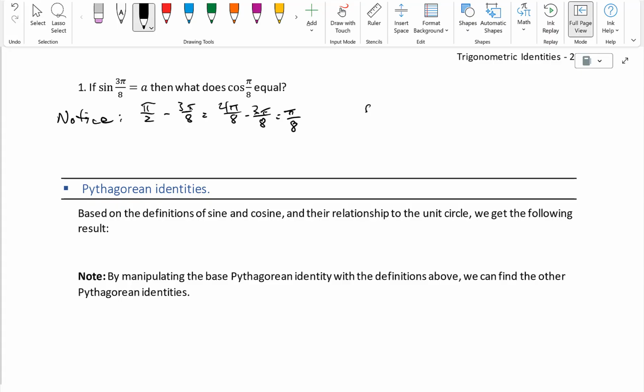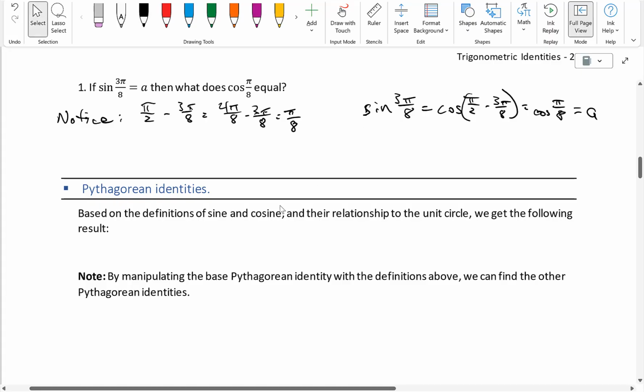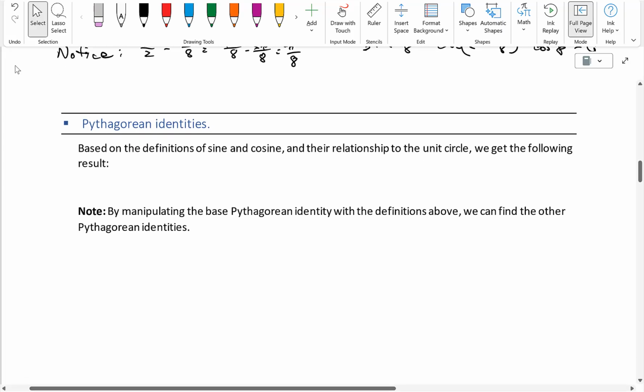And so what we get from that cofunction identity, sine of 3 pi over 8 is equal to cosine of pi over 2 minus 3 pi over 8, which is cosine of pi over 8. And since it's equivalent to sine of 3 pi over 8, this value is also a. All right, so we can use those cofunction identities to find the cofunction values if our angles add to 90 or add to pi over 2.